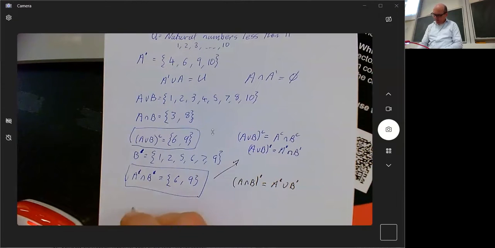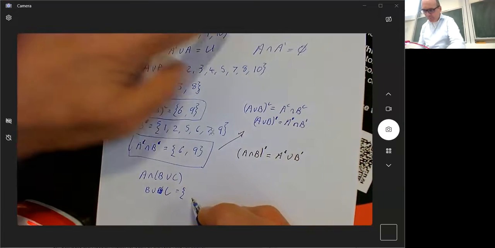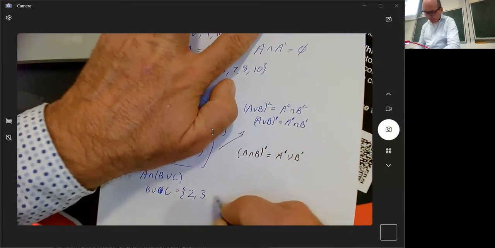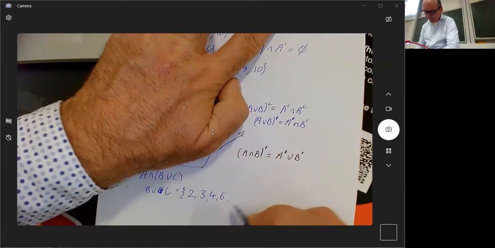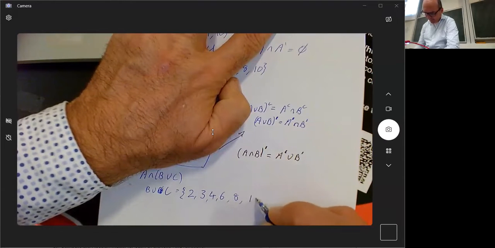So you can get more complicated things like doing A intersection B union C. The first thing I'm going to do is work out B union C. This is my problem. I tend to write the thing I'm saying, even if I've gone past it. Looking at the union, 2 is in one of them, 3 is in this one, 4 is in both, 5, 6 is here, 7 is not, 8 is, and 10.